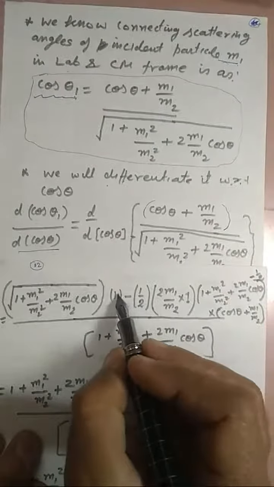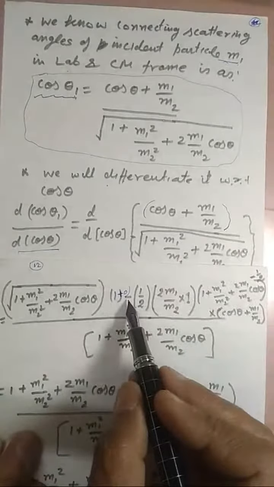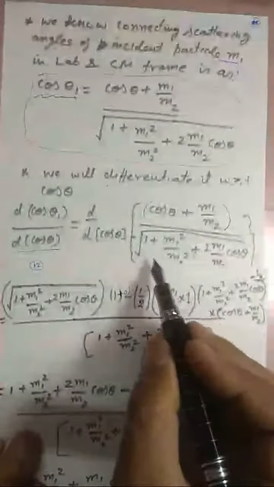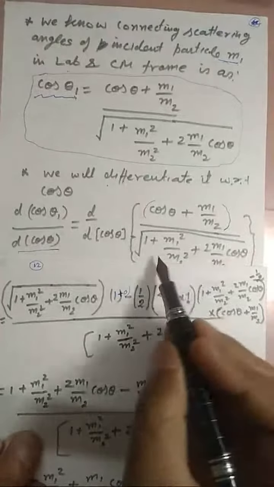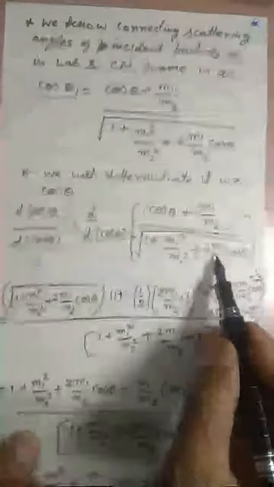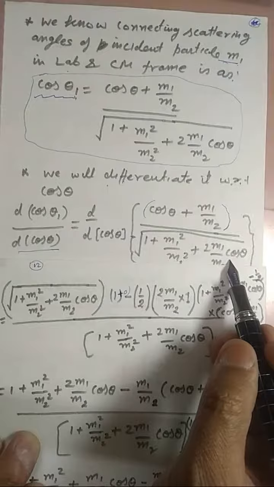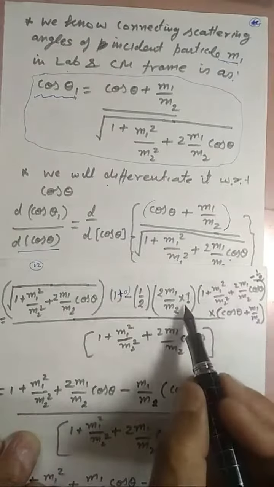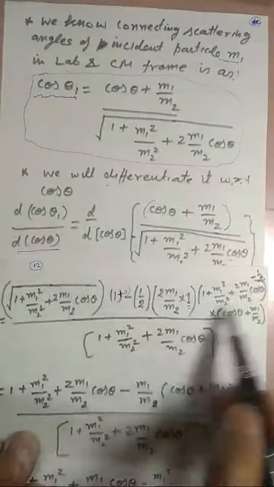So this is 1 plus 0, and now with a minus sign, the differentiation of this comes out to 1 by 2, and the derivative of this term is 2m1 by m, and the differentiation of cos theta comes out to be 1, and we have to multiply with this term.